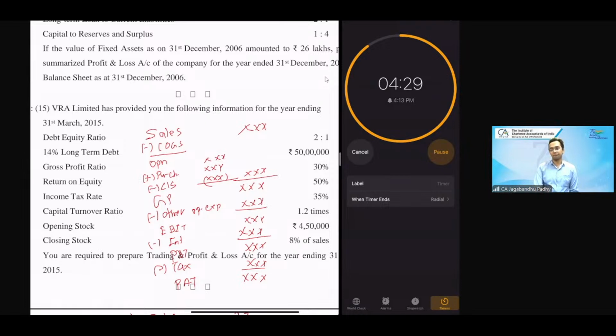There's no problem at all. Return on equity means PAT, or net profit for equity shareholders, upon equity shareholders' fund.